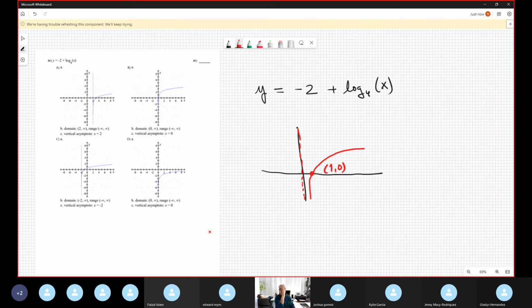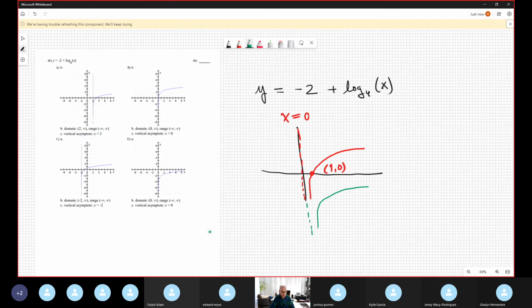So you are doing a vertical shift, it's obvious that the asymptote doesn't change, it stays the same at x equals 0. But what is affected is the value of this, that is obvious, my logarithm is a little bit down 2 units, no? But the asymptote stays the same.